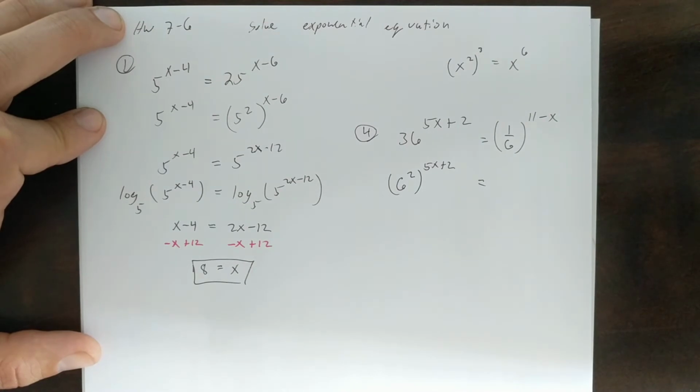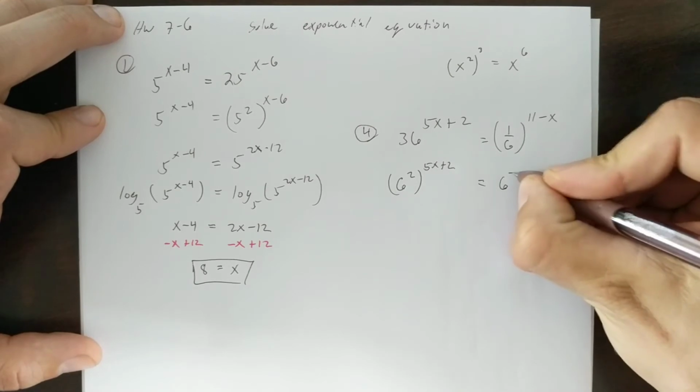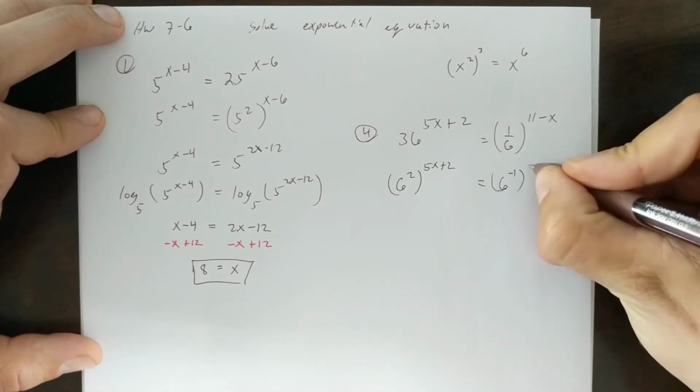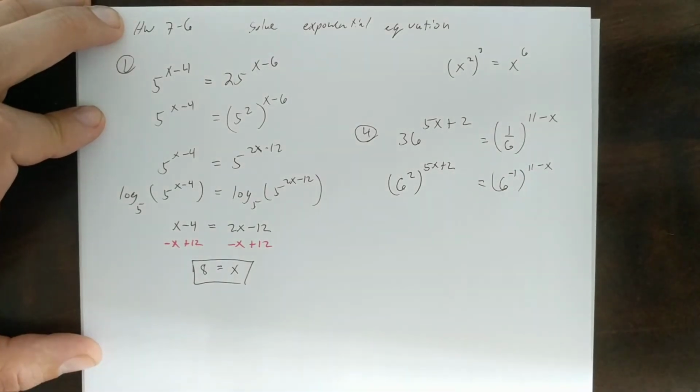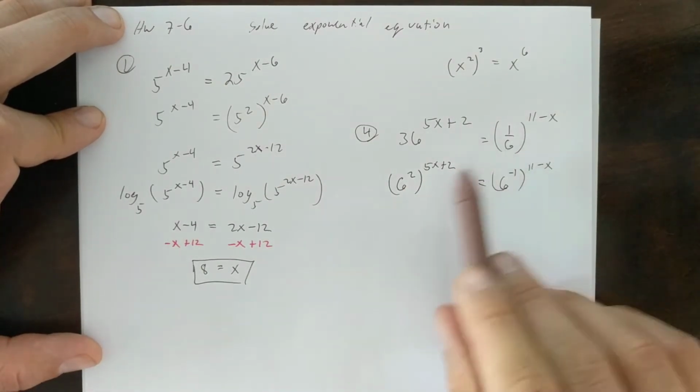And 1 over 6: if you remember, negative exponents are a way to flip a fraction. So if I want to go from 6 to 1 over 6, I would just do 6 to the power of negative 1. So 6 squared is 36, and 6 to the power of negative 1 is 1/6.